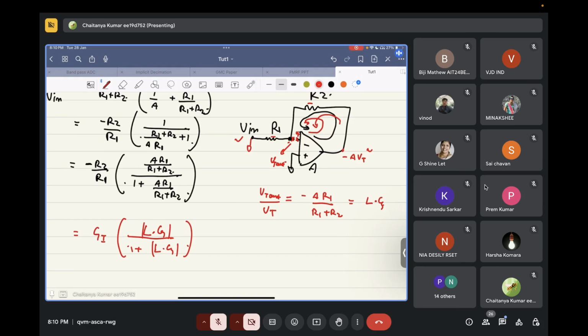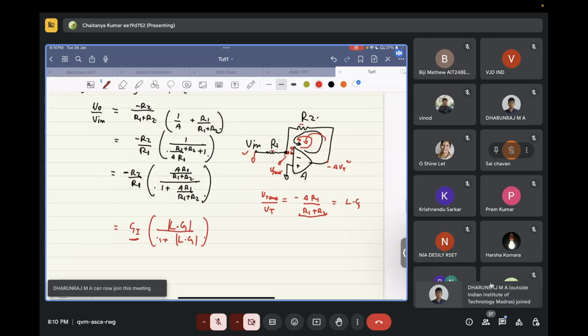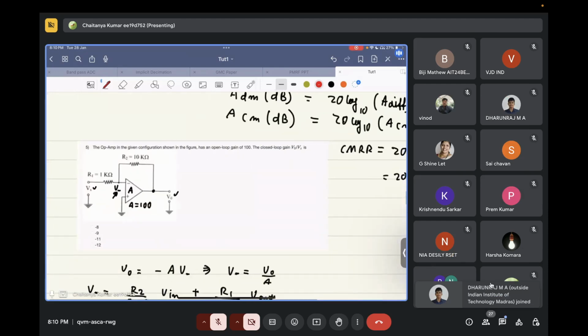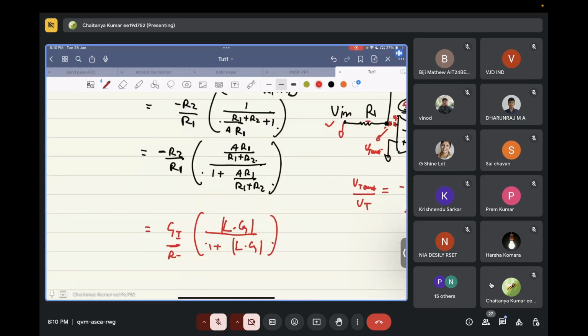So modulus of loop gain is A R1 upon R1 plus R2, and your ideal gain for this, an inverting amplifier, is minus of R2 by R1. So we have gain ideal, minus R2 by R1, times the absolute value of loop gain upon 1 plus loop gain. And this is what we have over here.